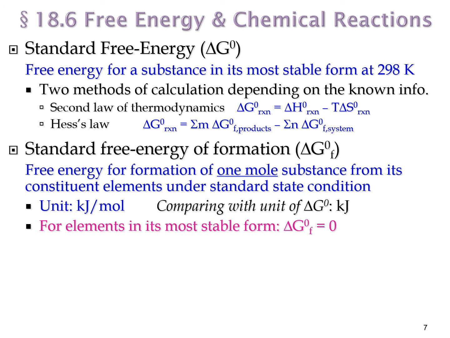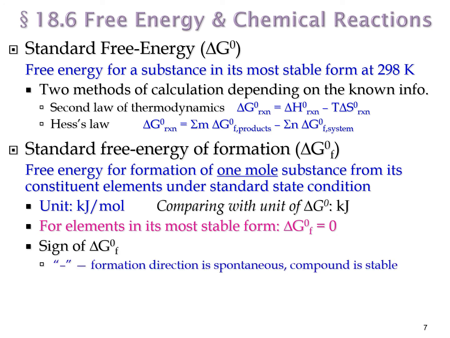If we have a free element, remember delta H0 f is 0 for formation of a free element. We have that too. So for a free element, delta G0 f is equal to 0. The sign of delta G0 actually tells us which direction of the reaction is favored, right?